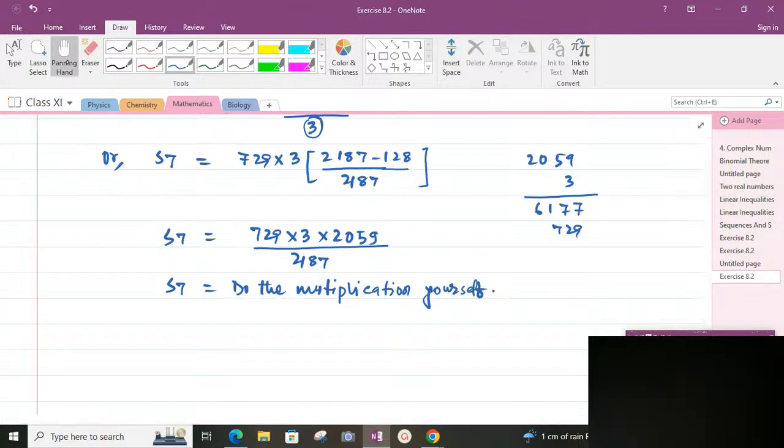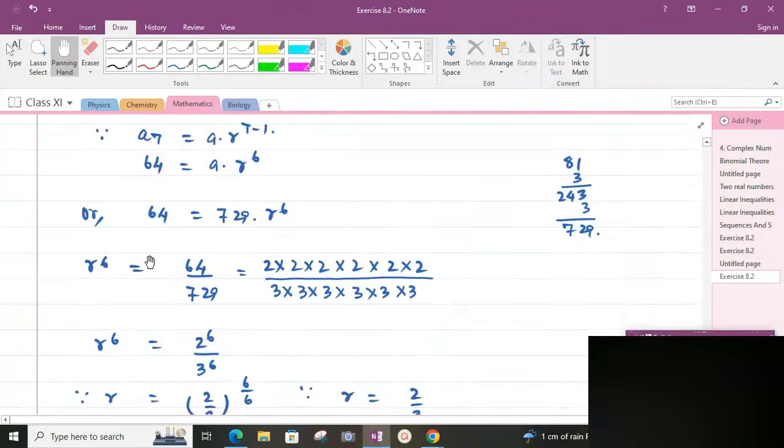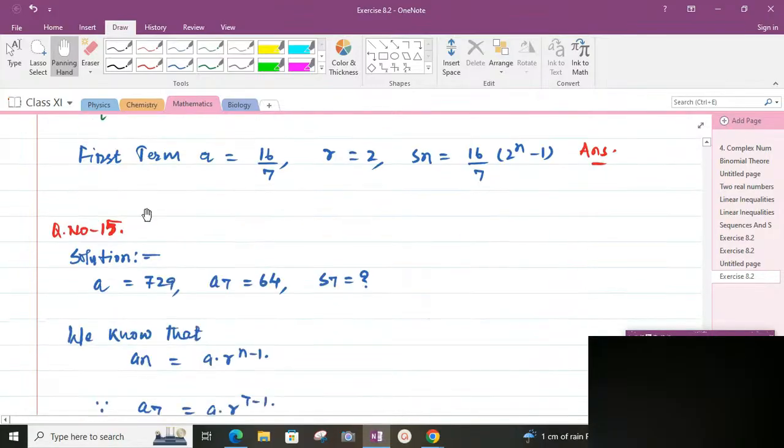So this one will be the answer. There is no problem to understand the solution of this question.